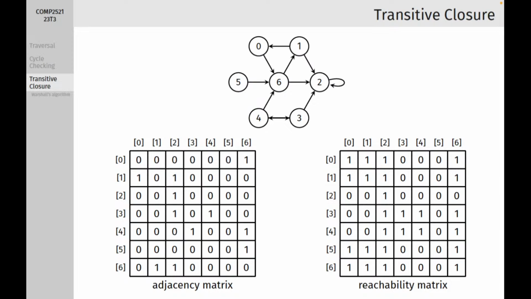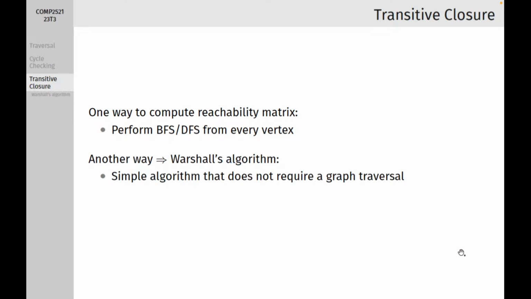All right, so what we want is a method to compute this reachability matrix. One way to compute it is to perform a BFS or DFS from every vertex. That's obvious, right? So we perform a DFS from 0.